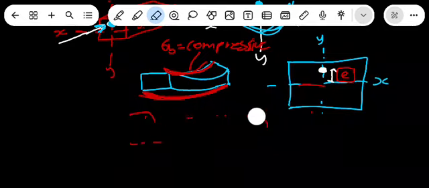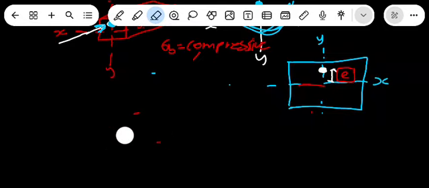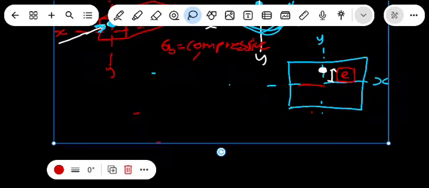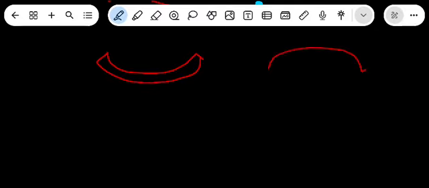Let us practice more of this so that you'll understand what I'm trying to say. Let me just draw the shape like this. If the bar bends in this form, I want you to note something.